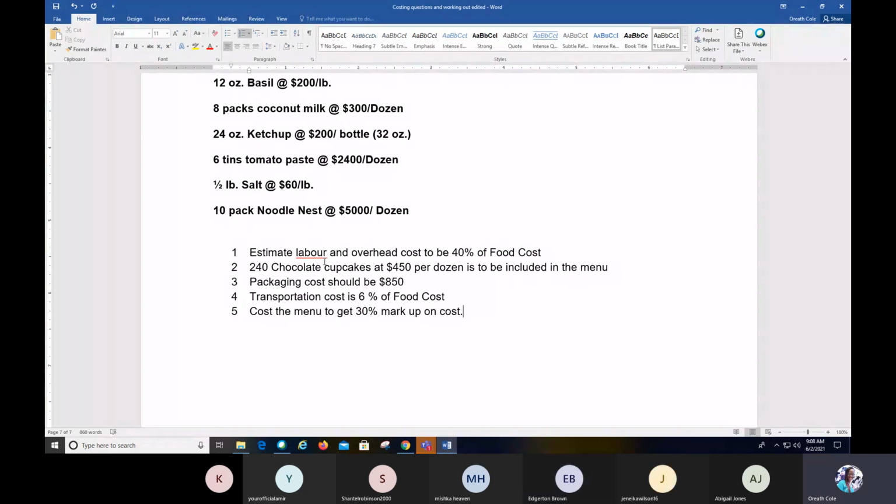Price and cost are 2 different things, you know. What is the difference between price and cost? Anybody have any idea?